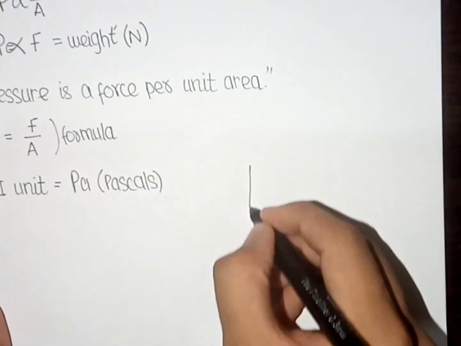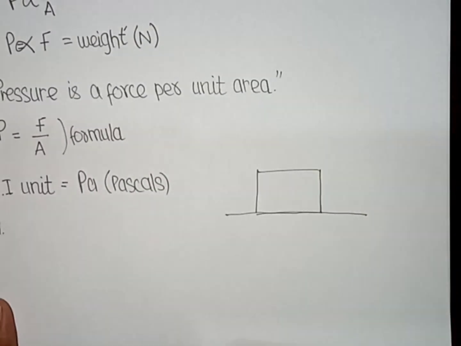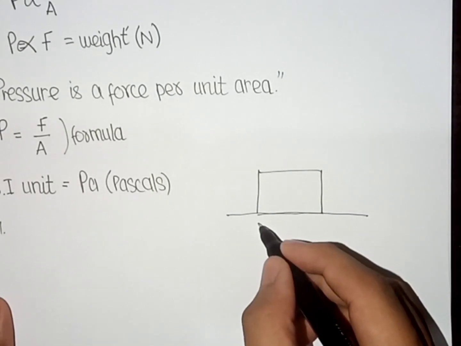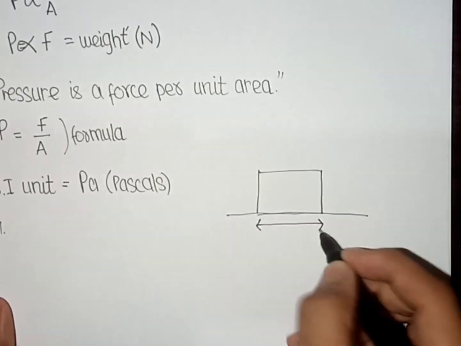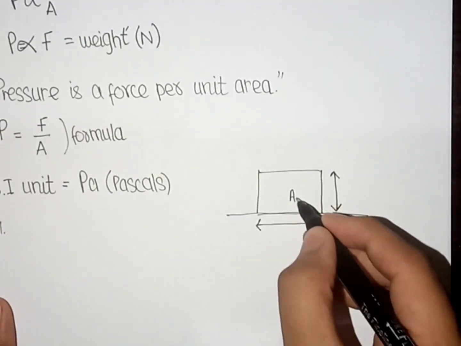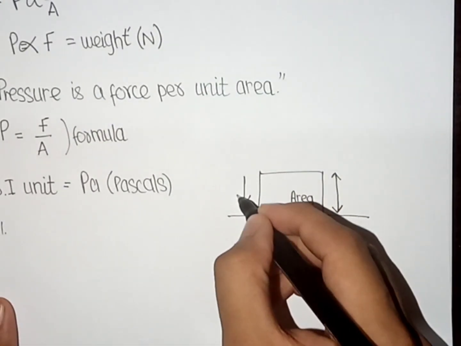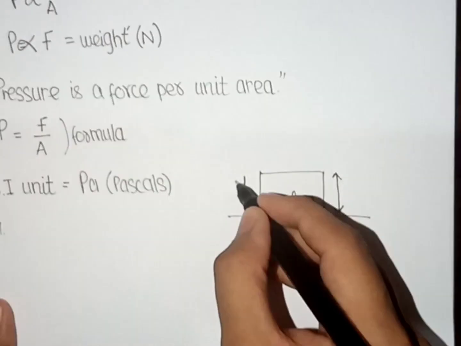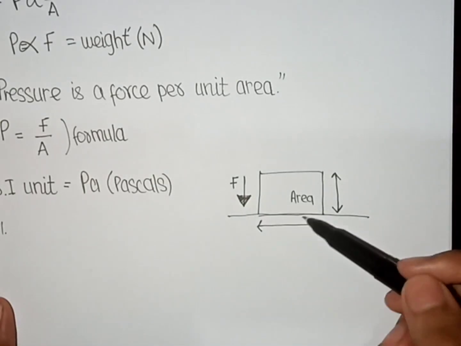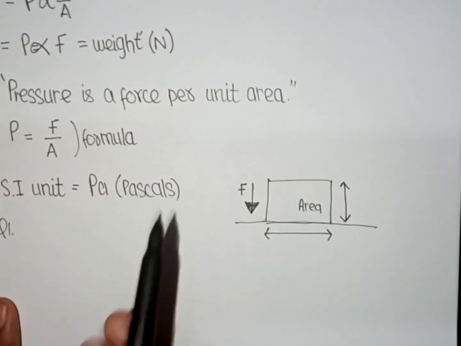This we can understand. This is the area, a surface. It is an object on a surface, so we need to identify what the area is and the exerted force on it. Force per unit area, the area on which the force is applied, is known as pressure. It's the simple formula.